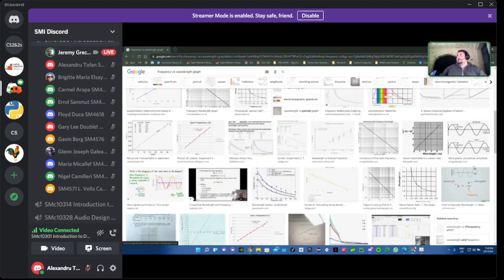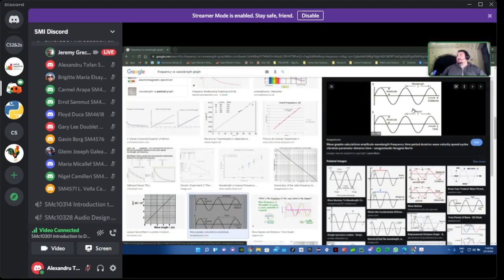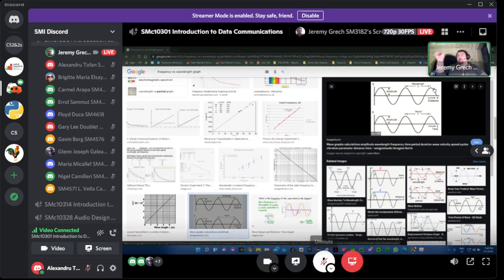If we take a look over here, the wavelength is basically the width, if you will, of one entire cycle, from one point to the next cyclic point.